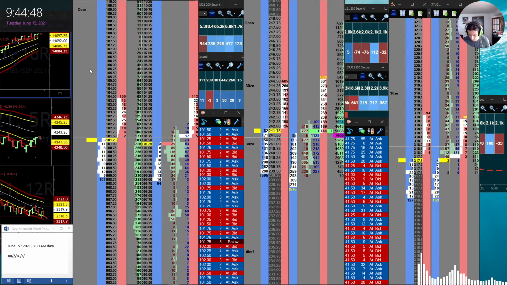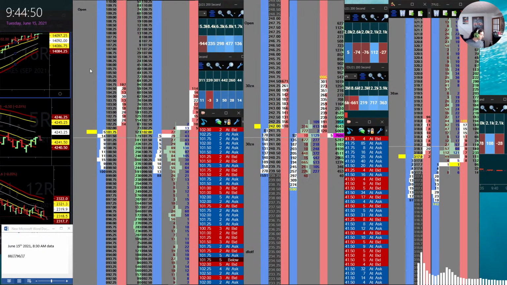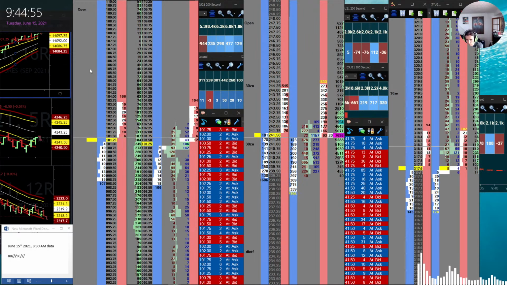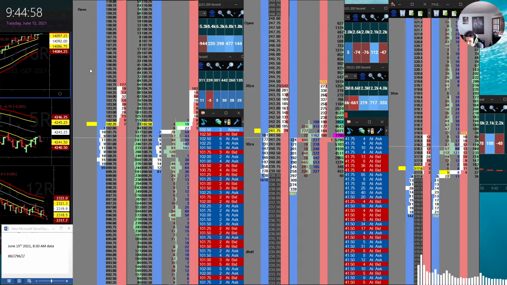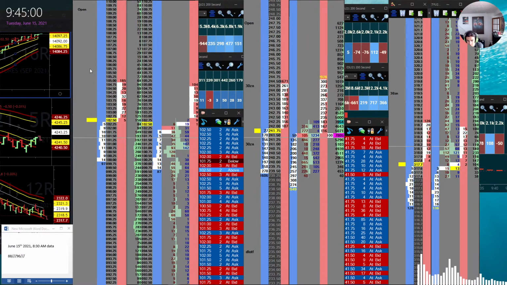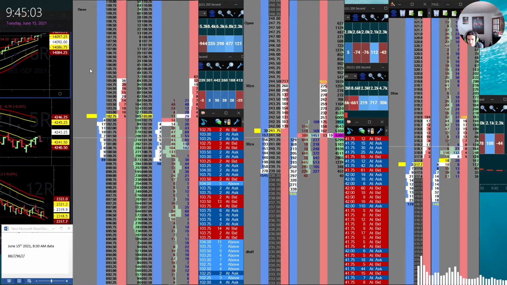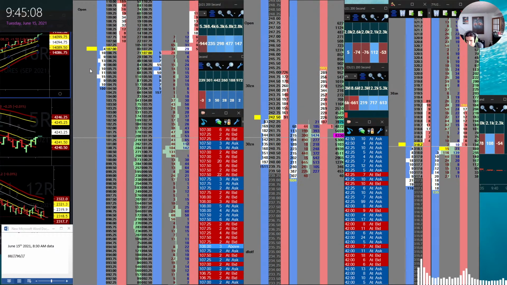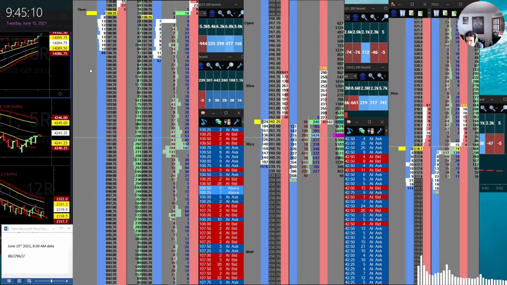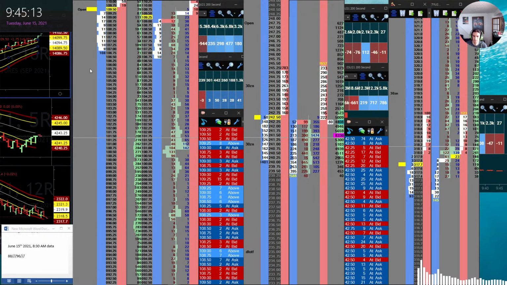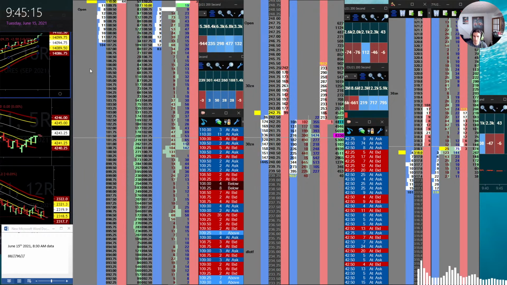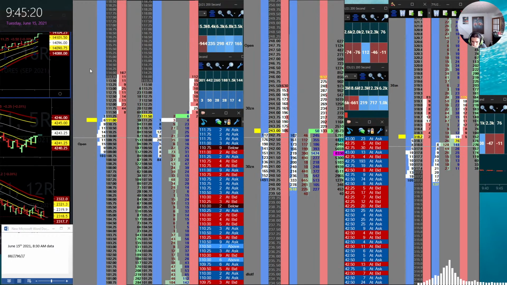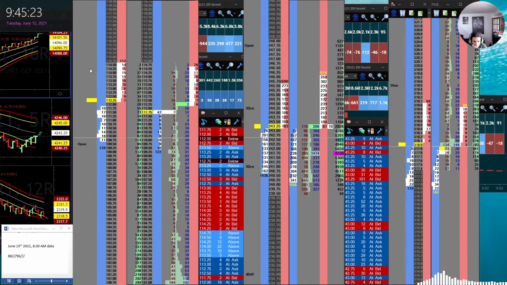Just wait for it to change. 17.4 on the Russell. Top of the opening range there.